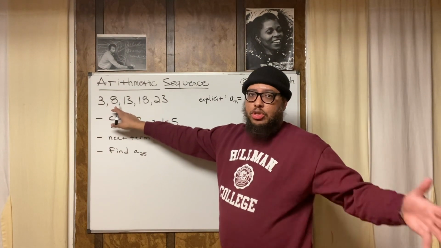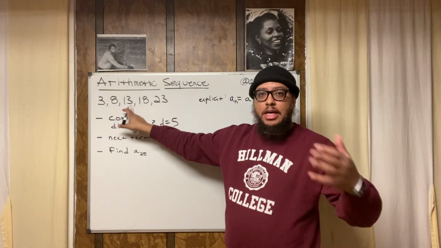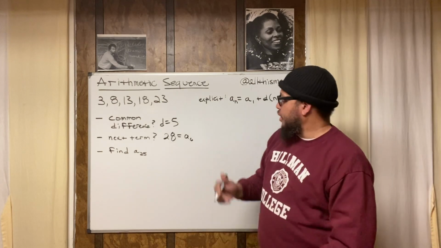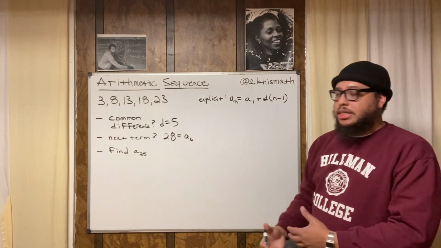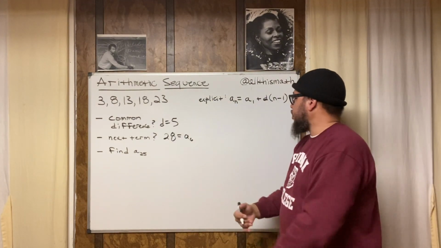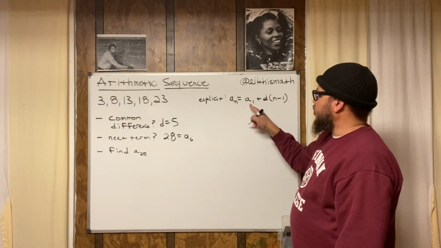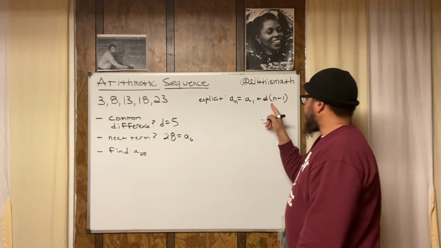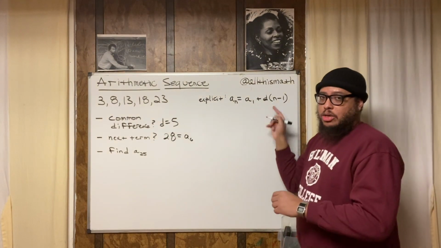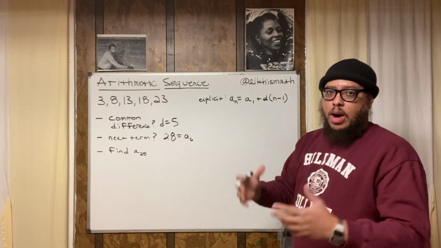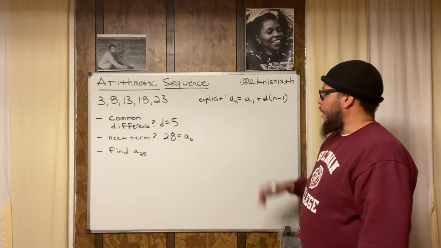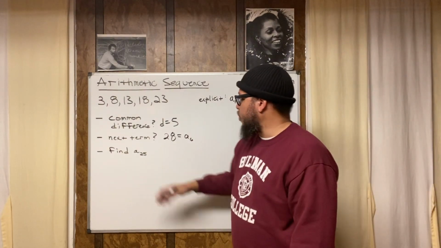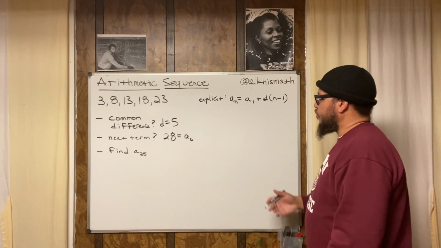That's why it's a sub 2. This number is in the third place. That's why it's a sub 3. That's the location. This little subscript gives you the location of that number in the order of all the numbers. So we got a sub n equals a sub 1 plus d, which is the common difference, times the quantity, don't say parentheses, say times the quantity of n minus 1. So if we want to find a sub 25, we first got to just identify what our values are.